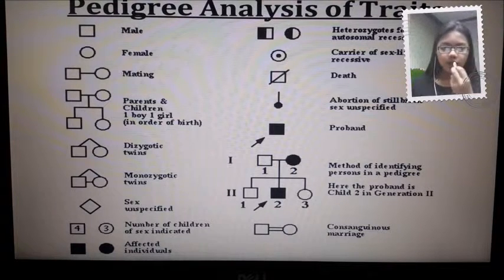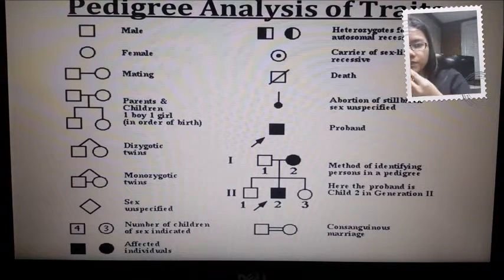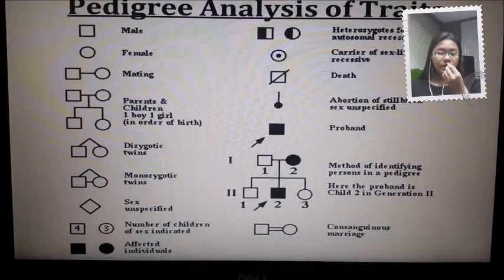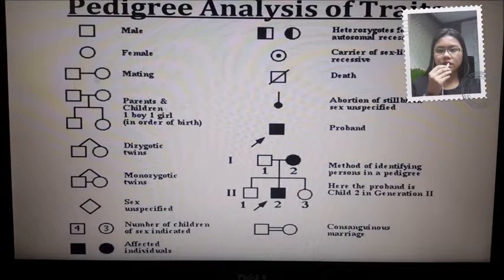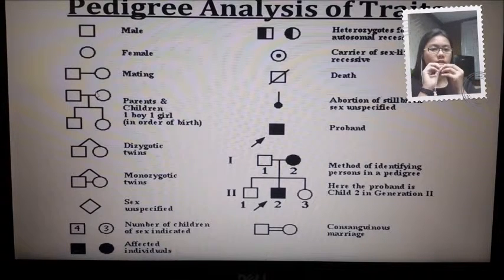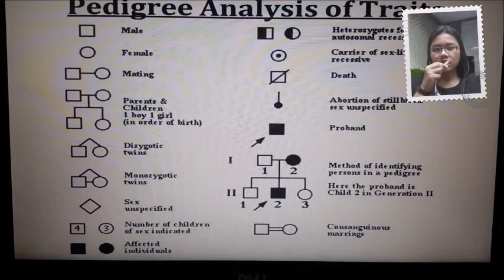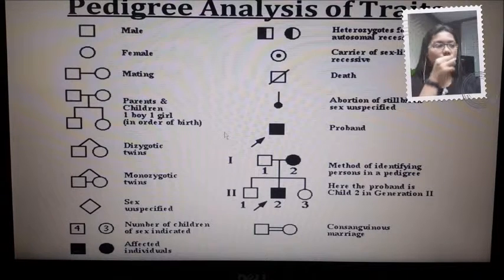Then the female is a circle, and if a male and female mate, there's a line between them, signifying the mating between the two. And if they had children, as you can see, the children may be a boy or a girl. In the pedigree, the order of birth is considered in the pedigree analysis.